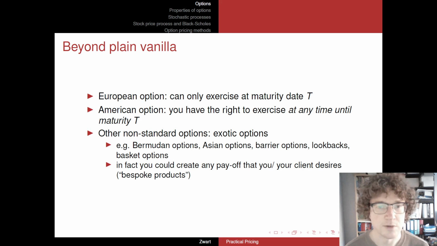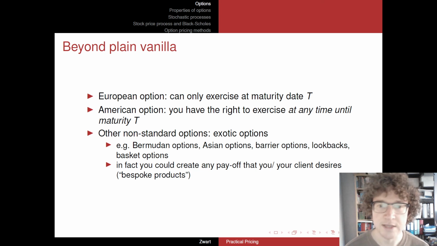This is one dimension in which you can change an option contract. Of course, other dimensions in which you can change option contracts are in terms of the payoffs. I just explained the call option and the put option, the plain vanilla options, which give you the right to buy one option at the price that is written in the contract.